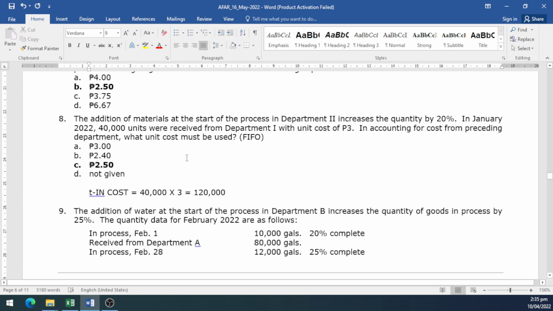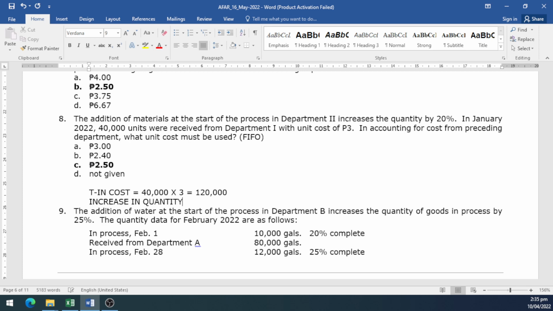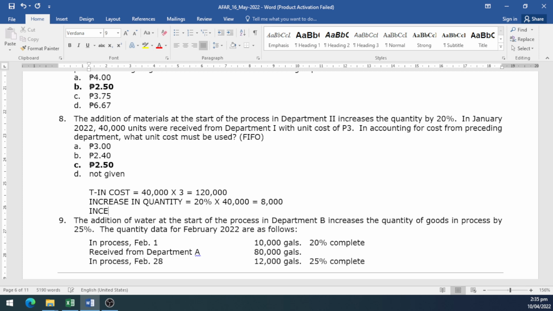But we will determine the adjusted transferred in cost because of the increase in quantity, na 20%. Ang increase in quantity po ay 20% of 40,000. That's 8,000. So the increased quantity is 48. So as daw ang na-receive mo, 48.